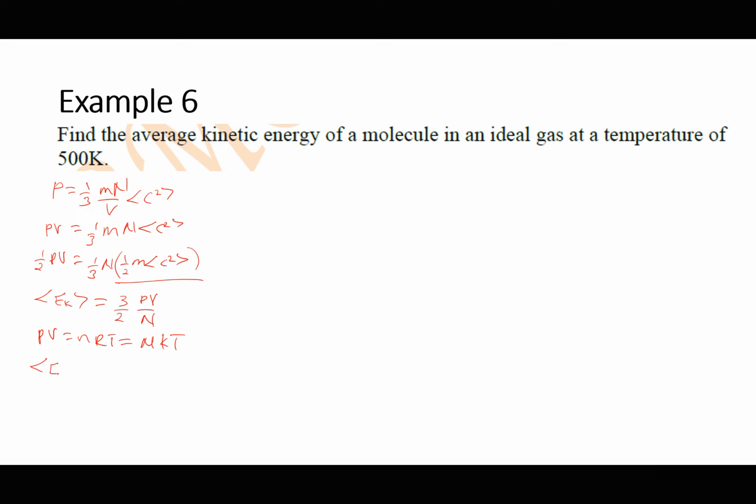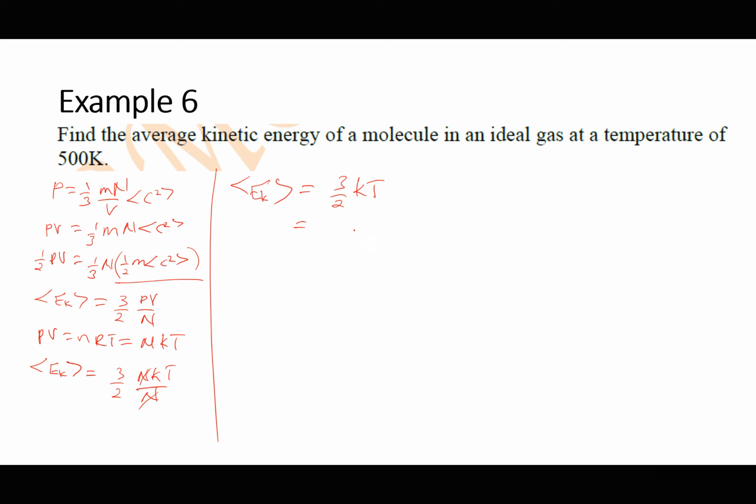So the average kinetic energy of a molecule is going to be 3 over 2, where there is PV, I put NkT divided by N. N cancels. So the average kinetic energy of a molecule of a gas is given by 3 over 2 times kT. This is not a hard expression. If you're not always sure of it, you can always derive it from what is given. So let's use this expression very fast to find what we want.